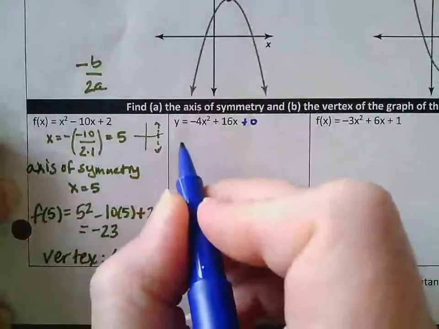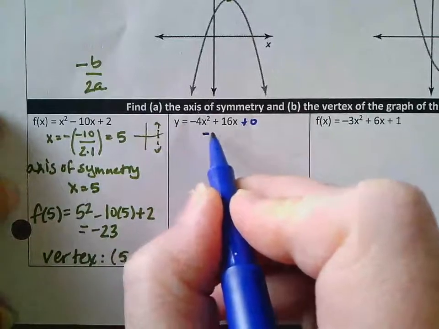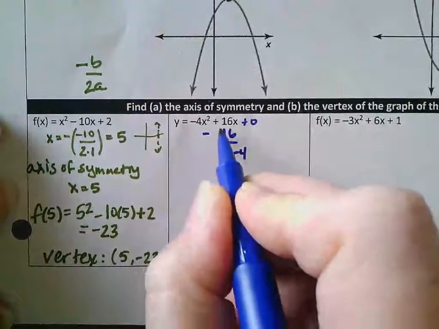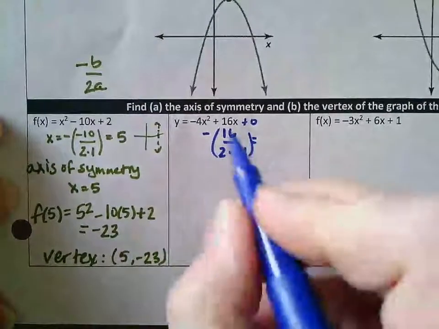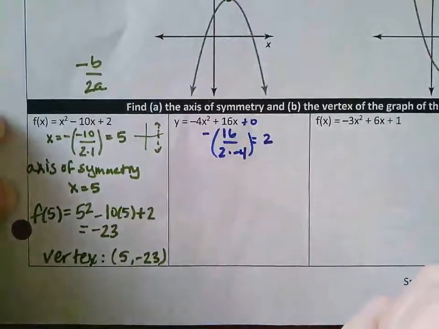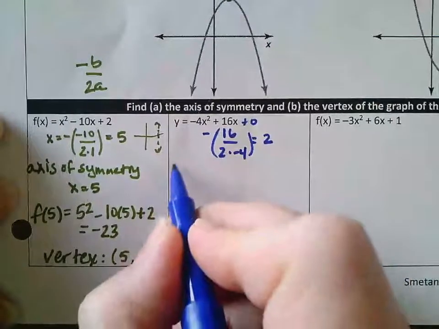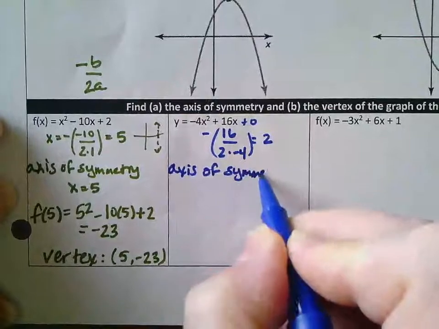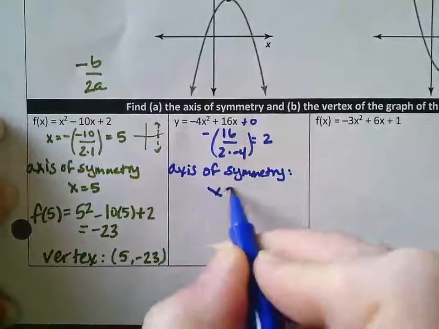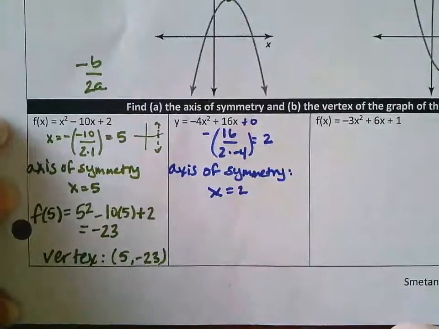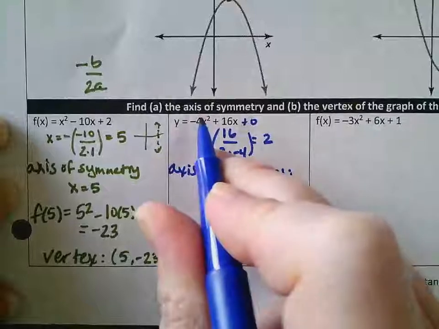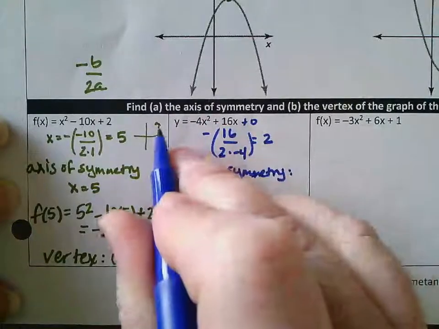So if you did this problem, you'd be looking at negative 16 over 2 times negative 4. So that equals 2 when you get done with all that. So your axis of symmetry is x equals 2. Okay. So that's my x value, but I want to figure out what happens when I plug that in here and get my y value.